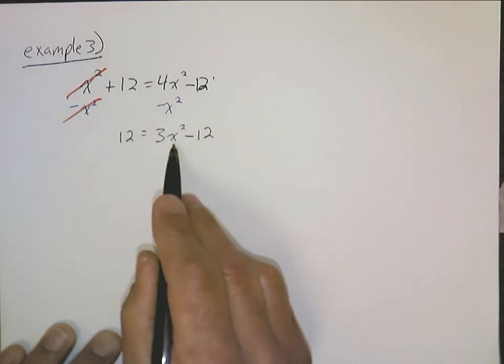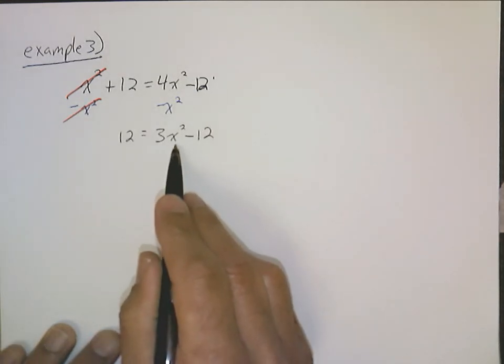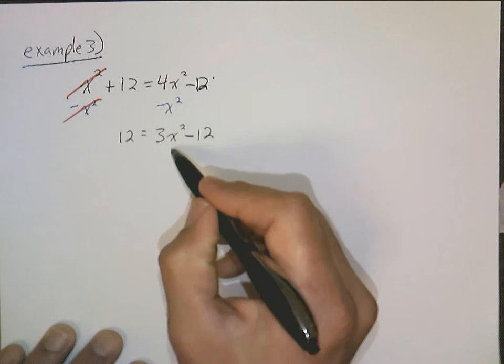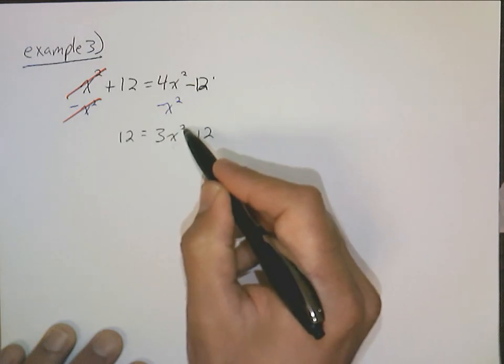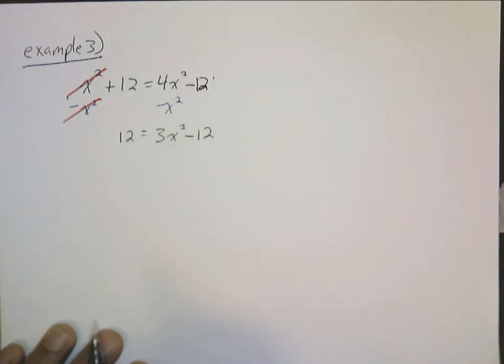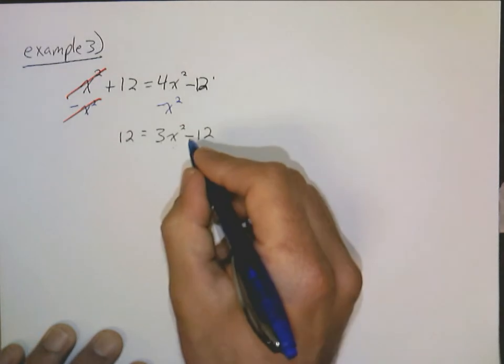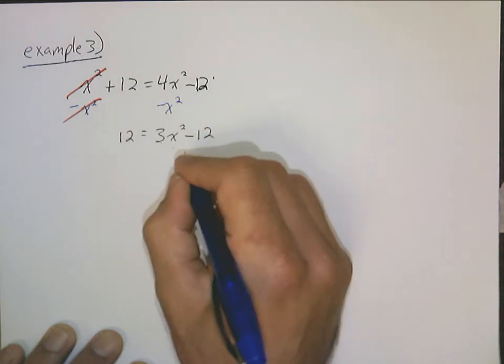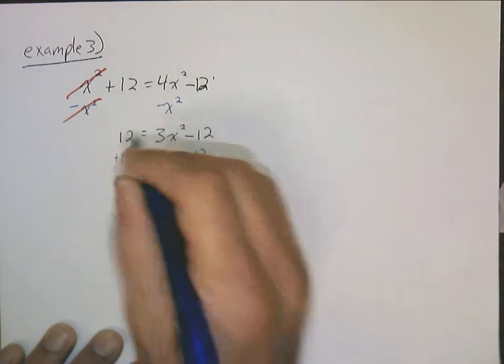And now we only see the x in this one spot. We can undo what's being done to it. So the first thing being done to x here is the squaring, then multiplying by 3, and then subtracting 12. We just undo those things in reverse order. So first we undo the subtracting 12 by adding 12 to both sides.